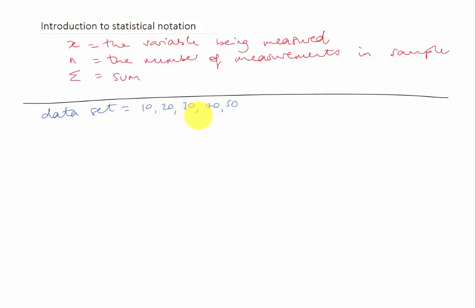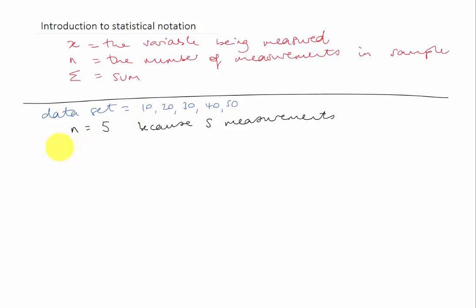So let's imagine these are 5 different measurements we've taken of something. These would probably have units in real life. And so n of this is equal to 5, because there are 5 measurements in my sample.